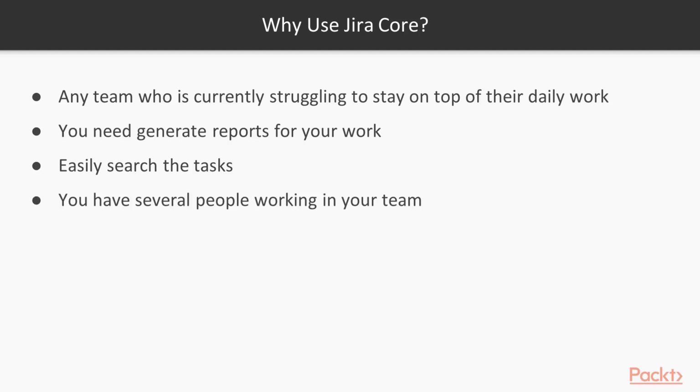And if you have several people working in your team and they need to collaborate and work together, then you can use Jira Core to assign different activities to those people. And that is why you will have a very good visibility in the team. You can easily find out who is working on what, and you can also track their individual activities with the help of Jira Core.